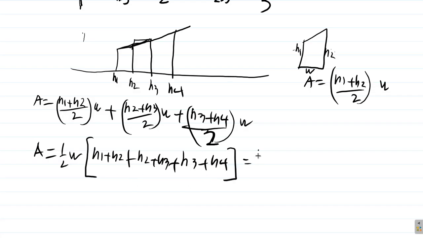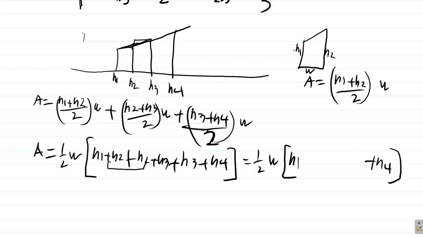So you have only one H1, and H4 at the end is only one of them. In between, when you found the first area, you used H2, and when you found the second area, you used H2 again.